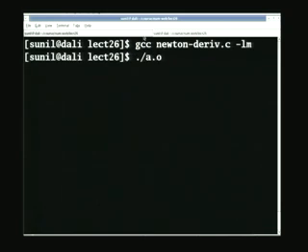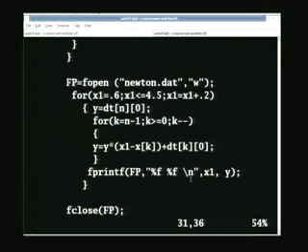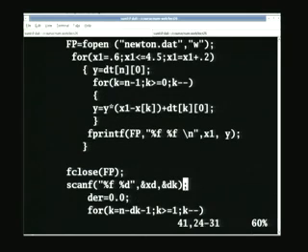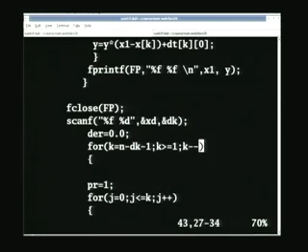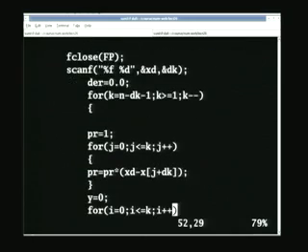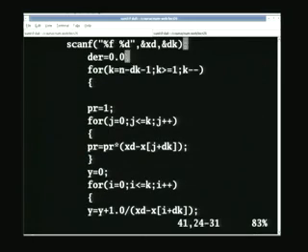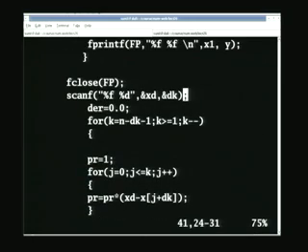Before we run this, I just want to show you one more thing. After we evaluate this polynomial, we have the polynomial and the set of data points, and then I want to evaluate the derivative at any point. So the program would wait for you to enter the value at which you want to evaluate the derivative.